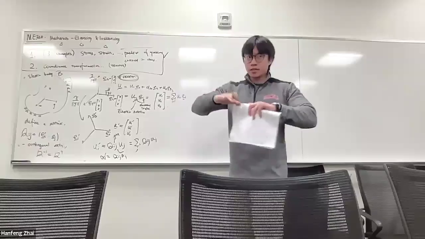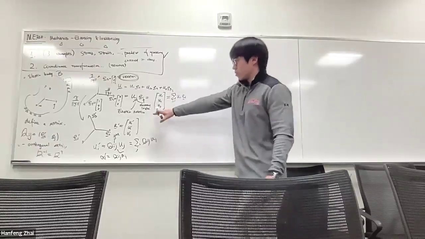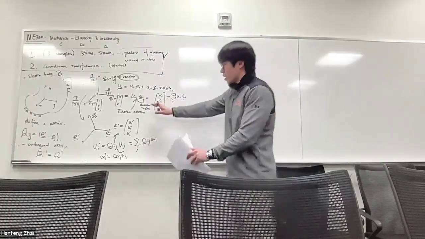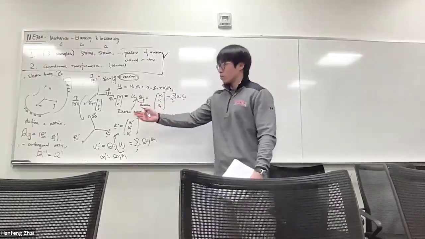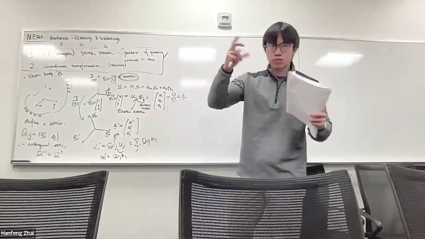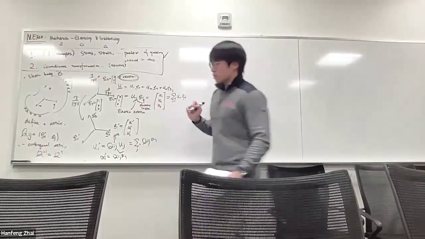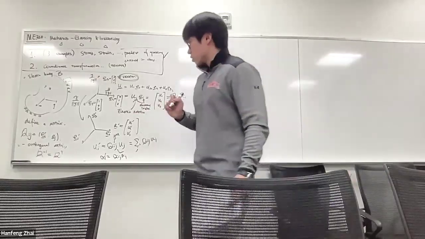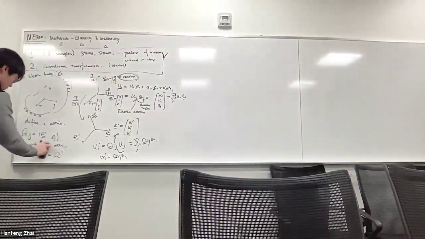So for now, you guys already learned what is index notation, what is Einstein notation, what is a dummy index, what is a free index, and a general rule of how we use index notation to represent coordinate transformation. Yeah, so that Q matrix is an orthonormal matrix. If it's an orthogonal matrix, it is Q equals QT.